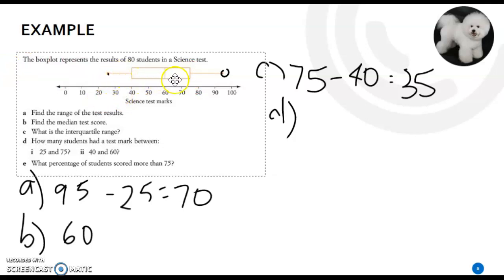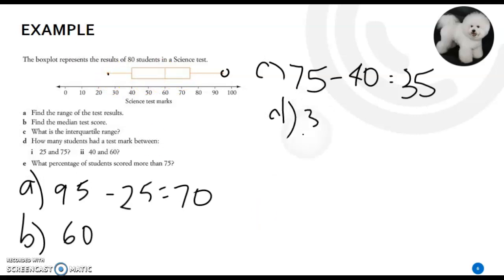So there's 1, 2, 3 sections of the graph, and that means it's 3/4 of all the scores, multiplied by 80, because it says at the top there are 80 students doing the test. So 1/4 of 80 is 20, 3/4 must be 60. You can do that part on your calculator.